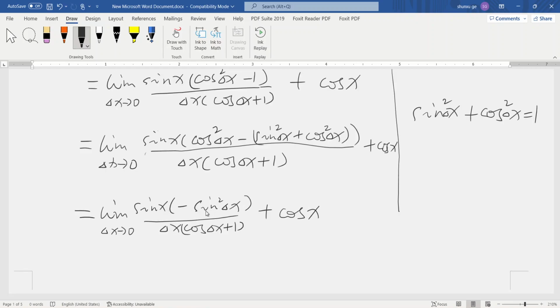So here, sin x, delta x, and this delta x. We can rewrite this part.